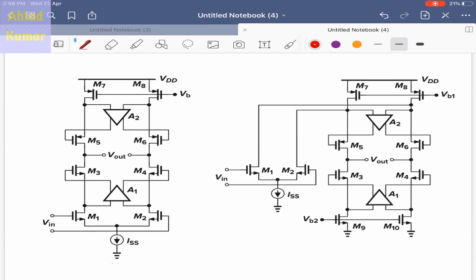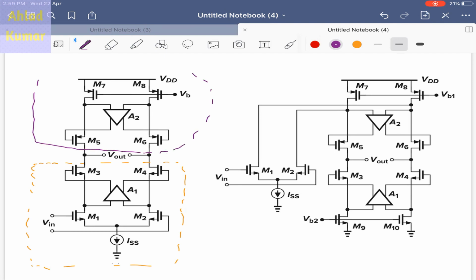So this again shows the full version of the fully differential amplifier with the loads. Right now, for this case, we had analyzed up to this part. You can check that we analyzed only this part, but now on top of it we have added this block.